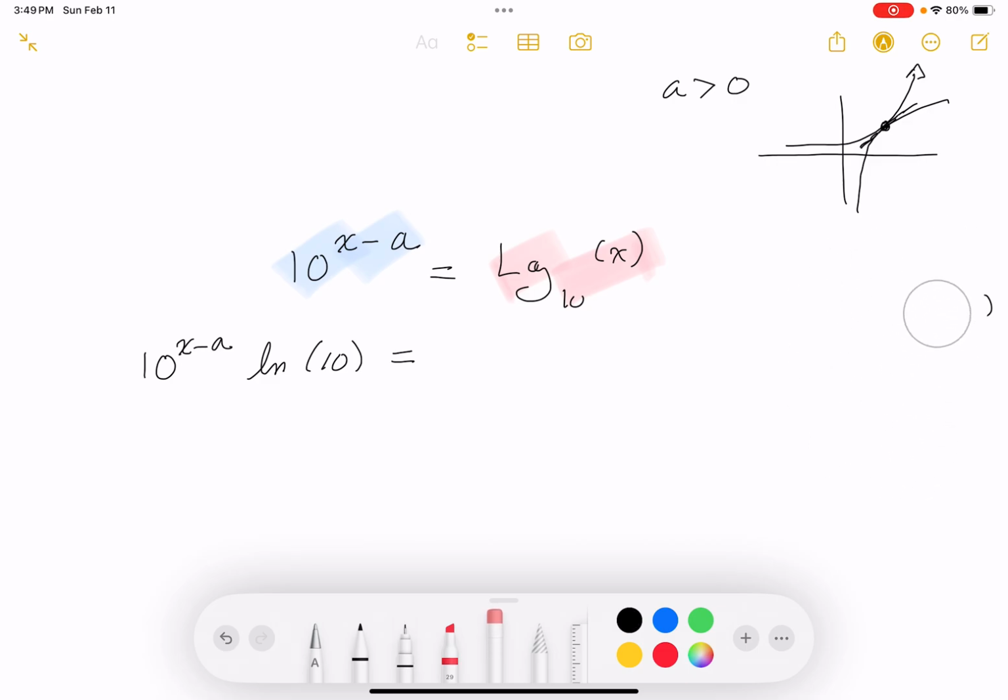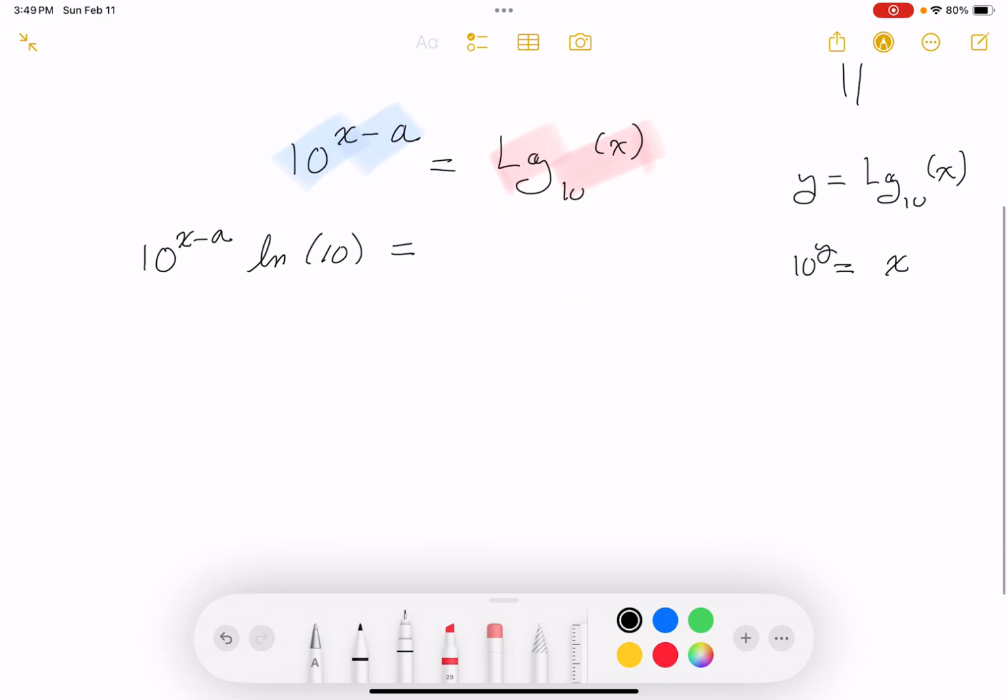And I want to take the derivative of the other side. All right? I can write that down. And again, since I can't remember things, I'll write them down. So y equals log base 10 of x. I'm going to say 10 to the y equals x. Just rewriting it. Take the log of both sides. You get y ln 10 equals ln x.